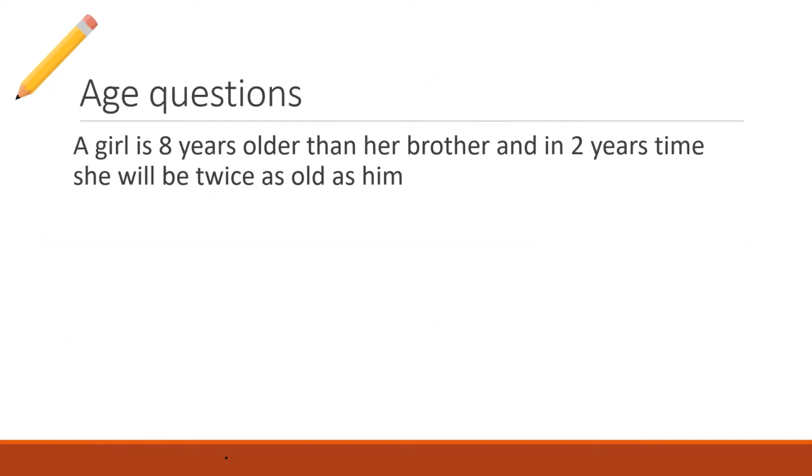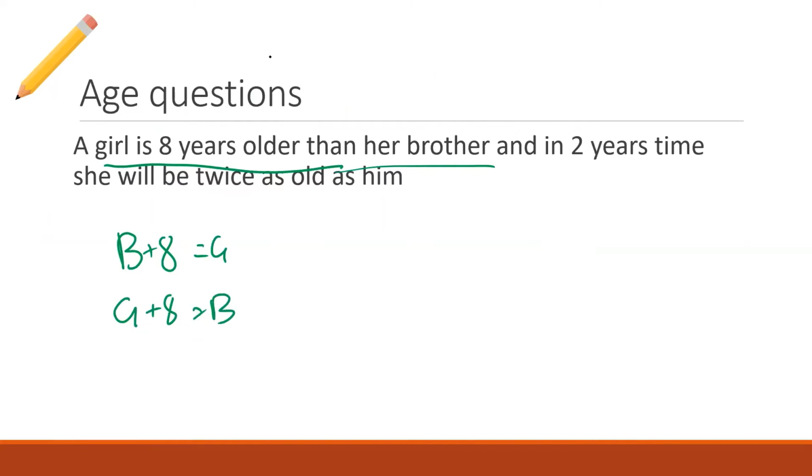With age questions, you've got to be careful with how you define things. Remember, if we know the girl is 8 years older than her brother, then the answer is the brother's age plus 8 is the girl's age, not the girl plus 8 equals the brother's age.